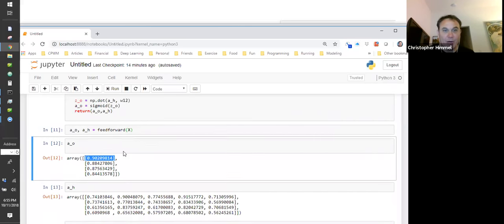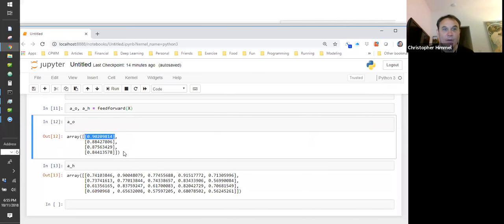So that's why I got 4 answers out. Now the AH, this is the output of the hidden layer. So I got 5 outputs, 1 for each hidden neuron. And then I got 4 sets of those because I passed in 4 different inputs.